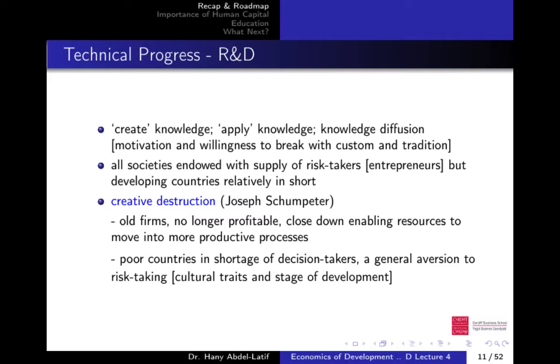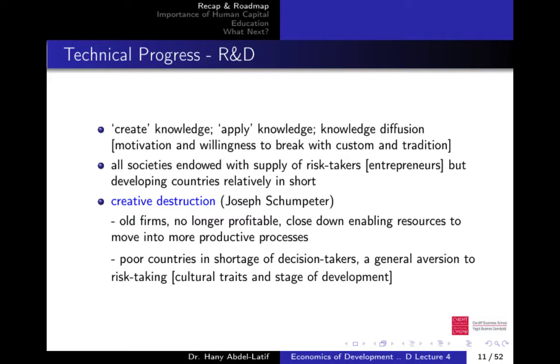Trying new things always comes with a risk, and that's why it is important to have entrepreneurs, those who are risk takers, who are willing to try new methods, new ways of production, and deal with that risk.